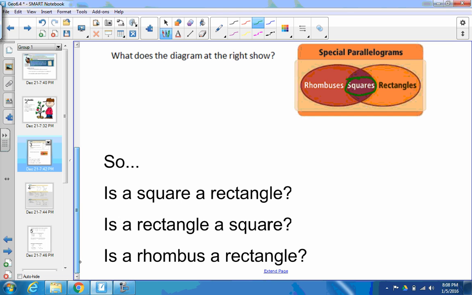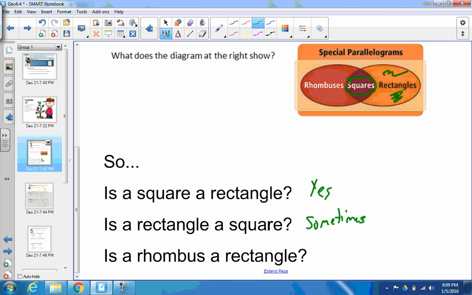So, is a square a rectangle? Yes, it is. Is a rectangle a square? Not always, but sometimes. That's tricky because I know they overlap, but squares are always part of the rectangle circle, but rectangles are not always part of the square because there's this section out here that would not be a square.